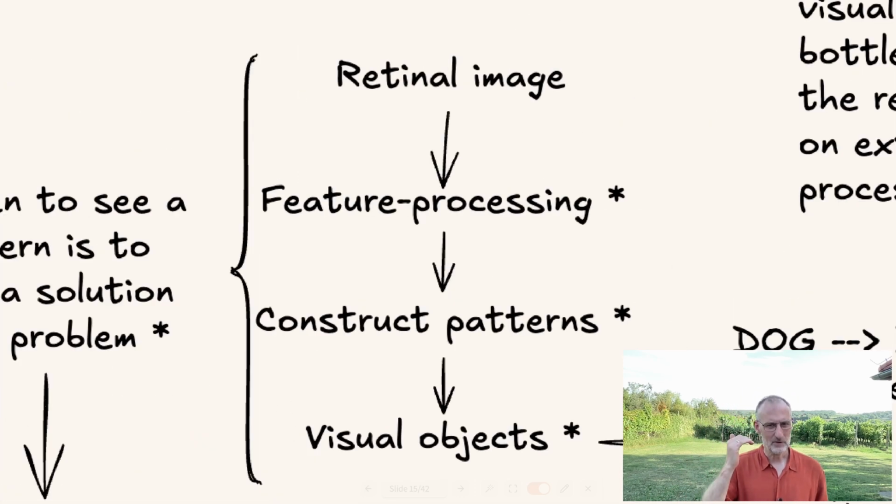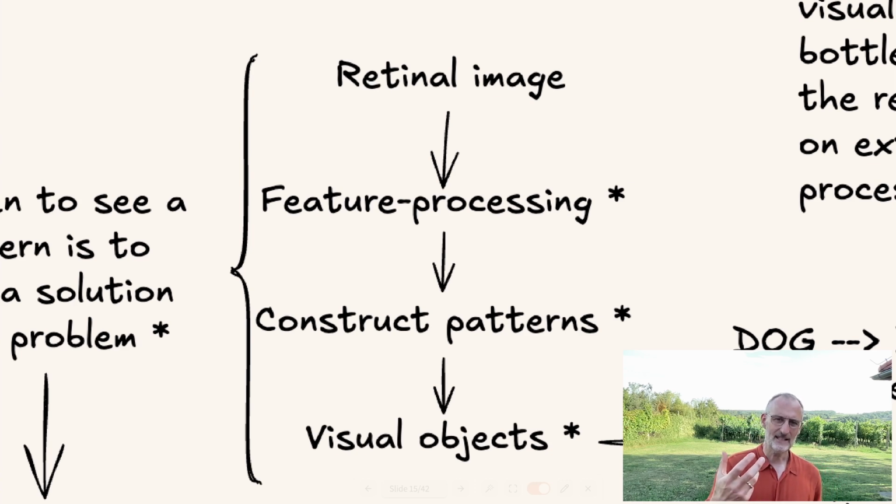And in this process, Colin talks about several layers of information processing in our brain: the retinal image, then feature processing, constructing patterns, identifying objects, binding objects to ideas in our mind, and so on.